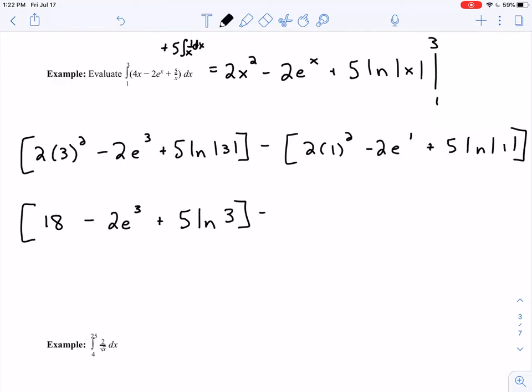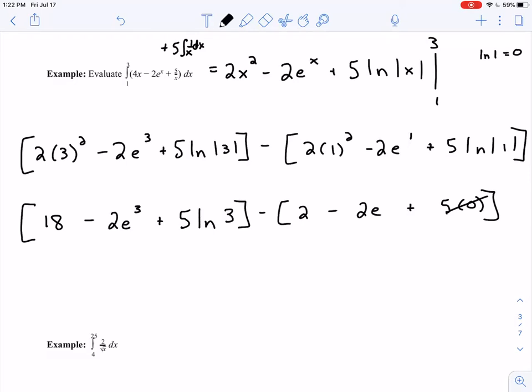It doesn't really make a difference in this problem. 1 squared is 1 times 2 is 2, minus 2e to the first, so this will just be 2e, plus 5 times natural log of 1 is actually equal to 0. So what I really have here is 5 times 0. So this term is going to drop off.